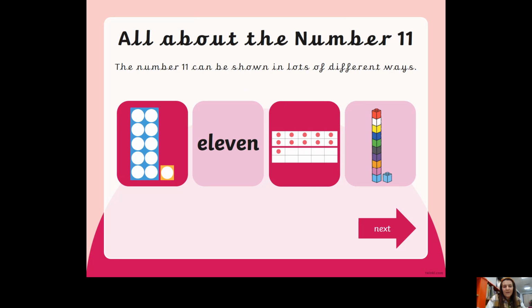Now, number 11 can be shown in lots of different ways. So we've got a Numicon, we've got 11 written as a word, 11 using the tens frames, and 11 being represented using the cubes. Can you think of any more ways that we could represent number 11? Have a little think.